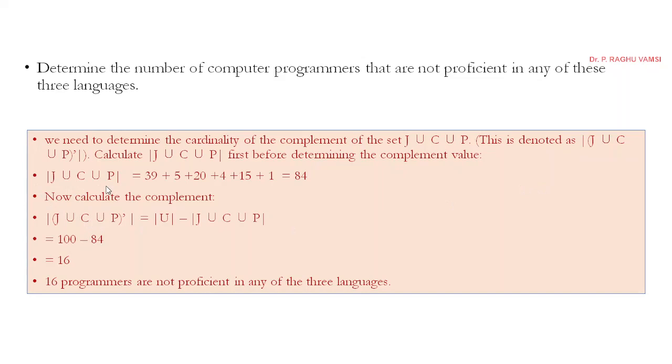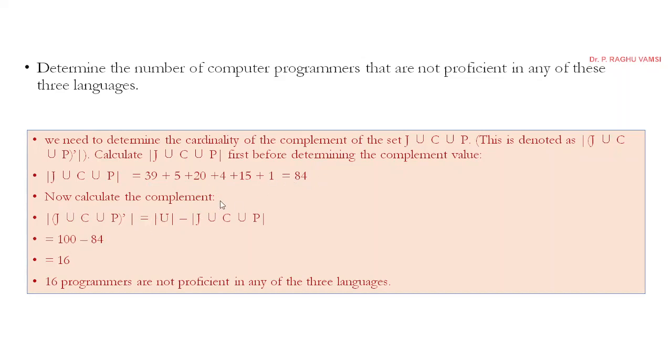So J union C union P, let me calculate, 39 plus 5 plus 20, because J union C union P is equal to J plus C plus P minus J intersection C, J intersection P, and so on. We have already seen that particular formula. So 39 plus 5 plus 20 plus 4 plus 15 plus 1 is equal to 84.